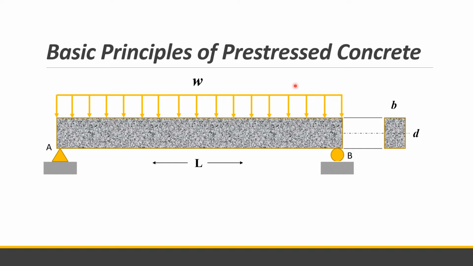As a review sa concrete design natin, the maximum moment present in this beam is at the middle section, sa L over 2. Nandun yung maximum moment. But in terms of shear, doon siya sa support.